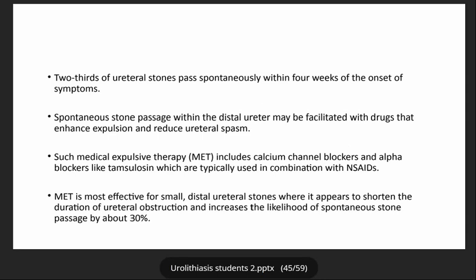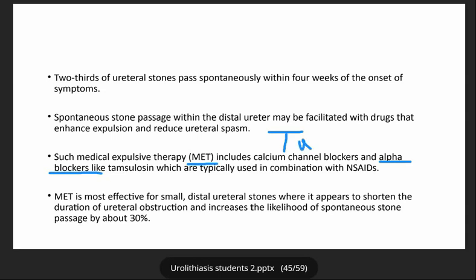And then we can give something called medical expulsive therapy, which is calcium channel blockers or alpha blockers or non-steroidals. But usually we use an alpha blocker, and the most common example is, as you know, tamsulosin.